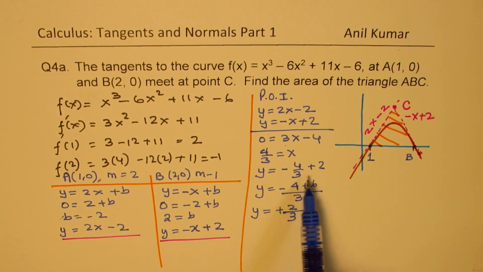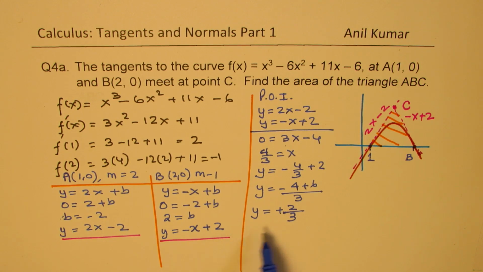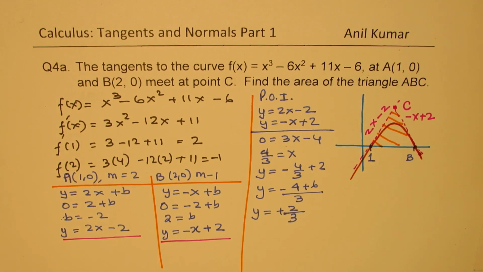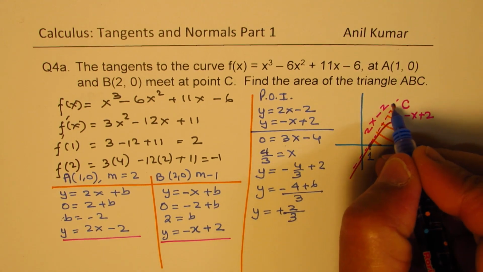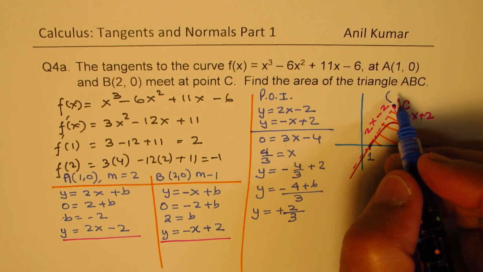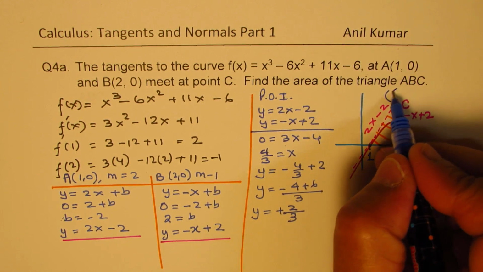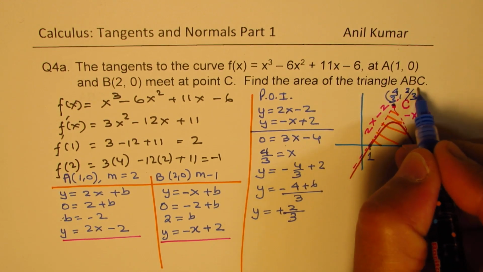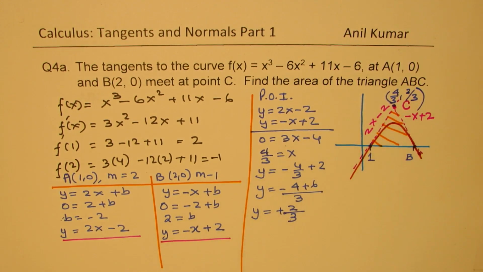Substituting 4 over 3 in the second equation, we got minus 4 over 3 plus 6 over 3, which is 2 over 3, right? Okay, so the point C has the x value 4 over 3 and the y value 2 over 3, correct? So we got the point C.